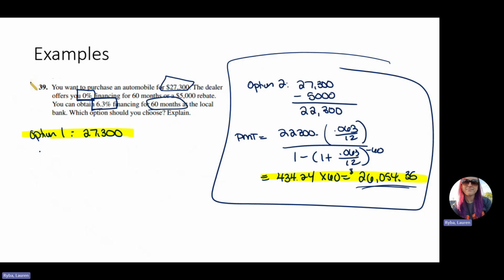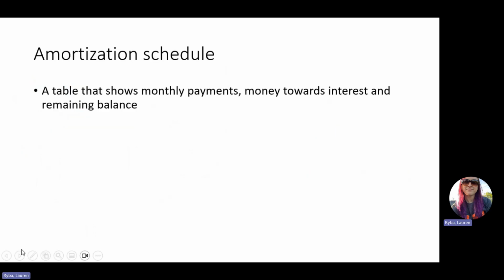Questions on those? On the next slide, we are going to work through a loan amortization schedule. We will never do a very long one.